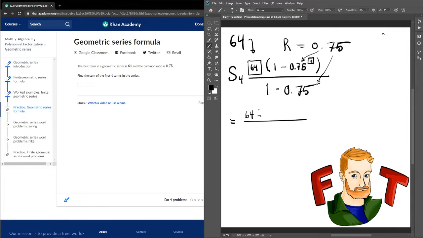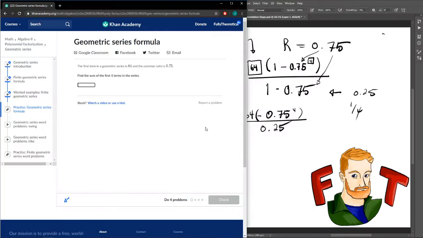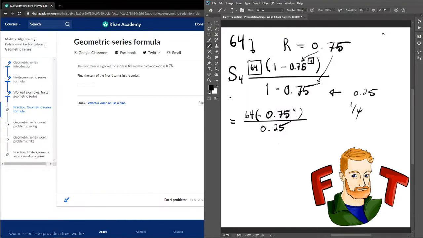What they want, I'm thinking, is just to leave that undistributed, 0.75 to the fourth over... this is 0.25, or 1/4. So I'm thinking 0.25 makes more sense here. Let's try that. Let's see what Khan Academy has to say about it. Let me just move my answer so I can see it while I type.